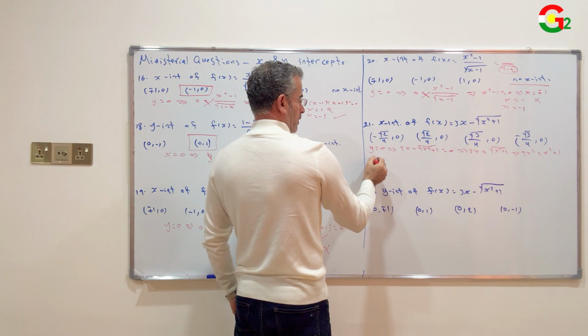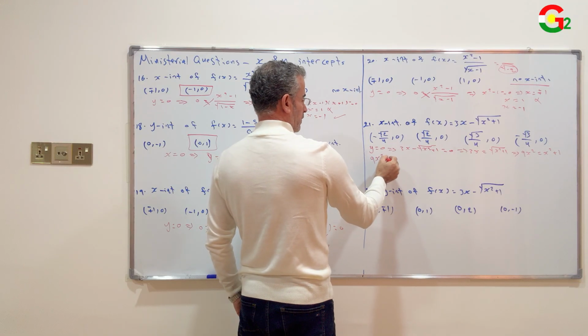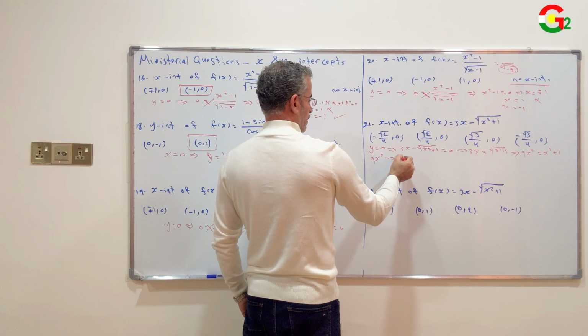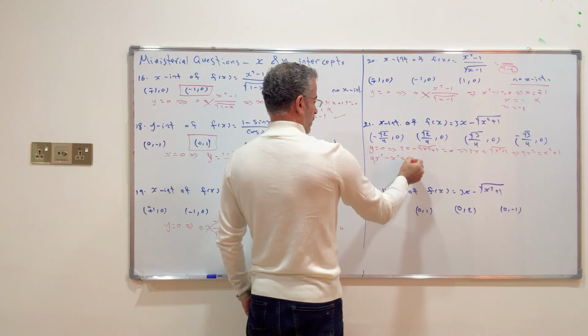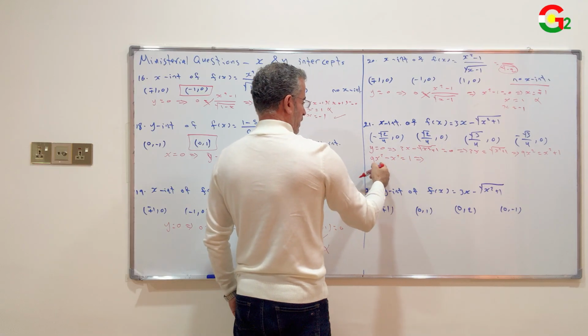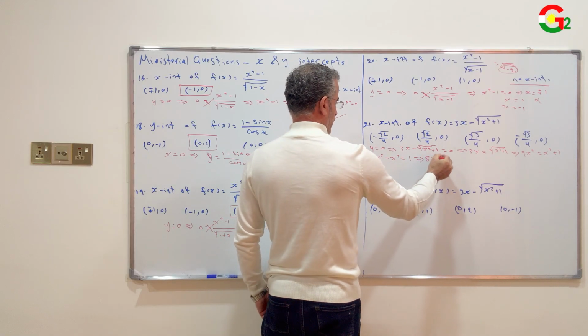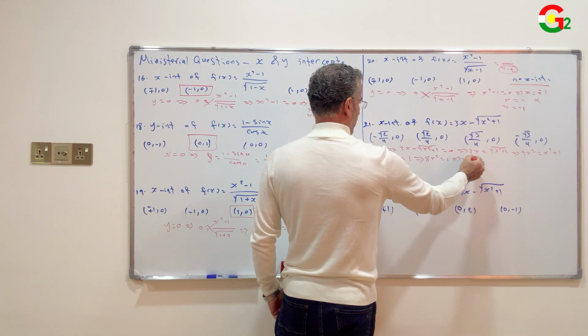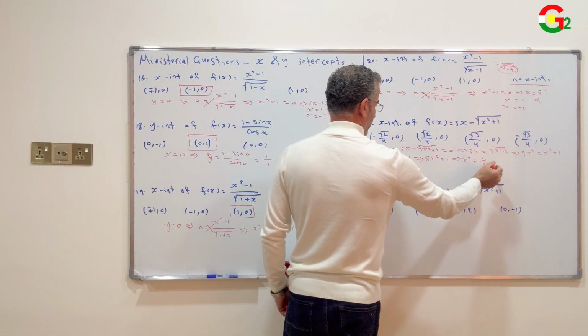Then take all terms to one side. 9x^2 - x^2 equals 1. Then 8x^2 equals 1. Then x^2 equals 1/8.